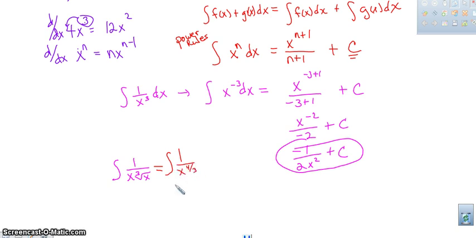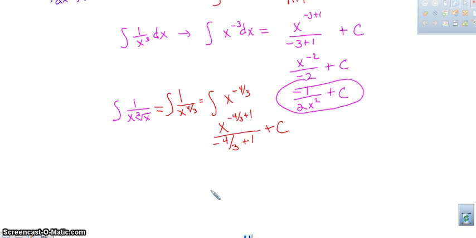It's a little trick we use because we're going to add the powers, 1 plus 1/3. So that's the same as the integral of x to the negative 4/3, which, if I use my power rule, is x to the negative 4/3 plus 1, all divided by negative 4/3 plus 1, plus c.